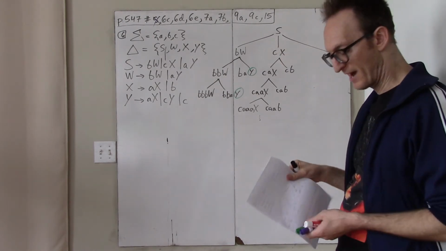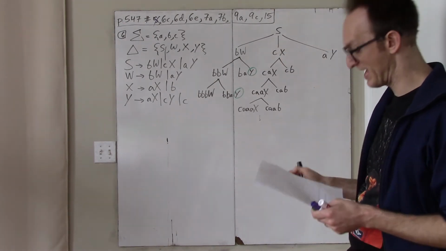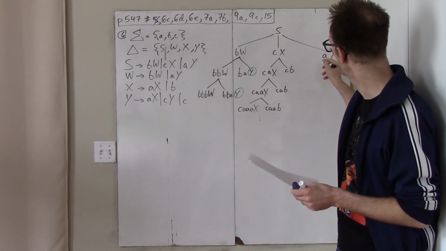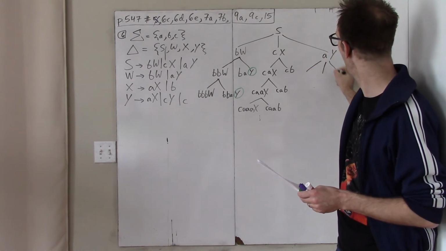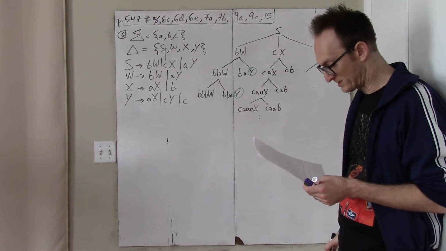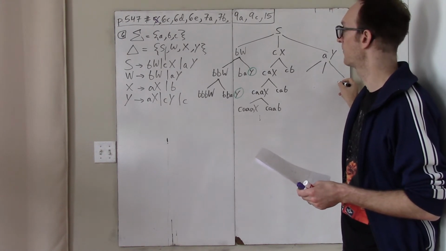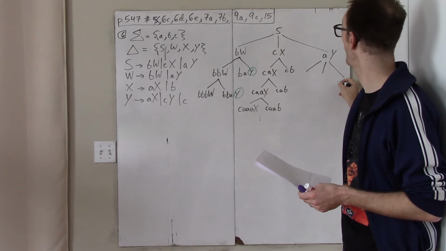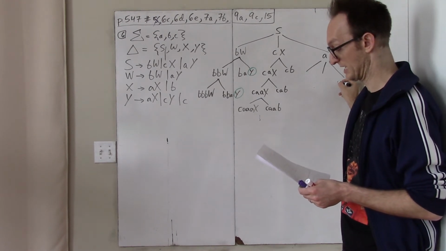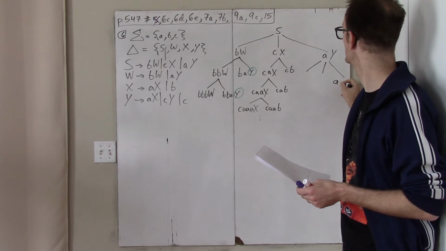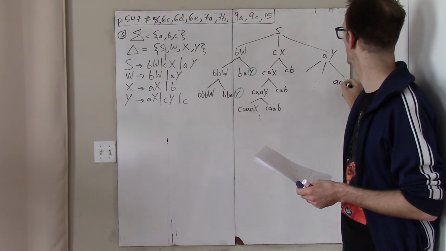Okay, but there my piece kind of ends. Piece as in understanding, because now I don't know what to do, right? Now I get sort of A, what can Y do? Well, Y can go to C, or it can go to CY, so that's kind of depressing.